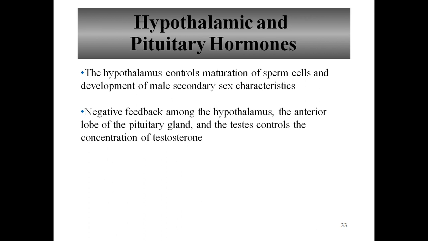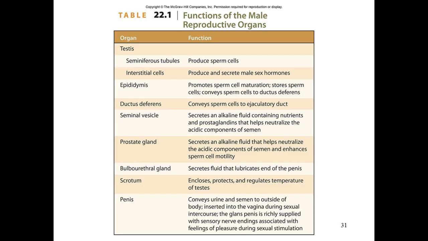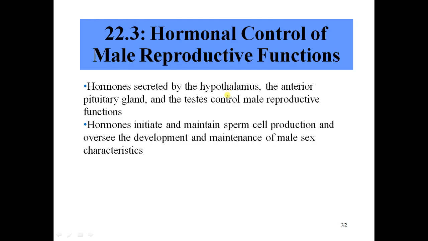ICSH, interstitial cell stimulating hormone, promotes the development of interstitial cells. Why are interstitial cells important? They produce and secrete the male sex hormone. Their maturation and development are a very important part, and this is taken care of by the anterior pituitary.